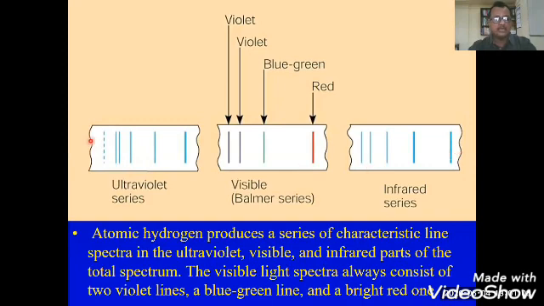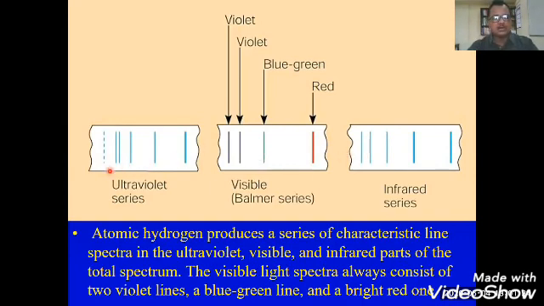Each line represents an electromagnetic radiation having a certain frequency or wavelength emitted from hydrogen gas, and such a spectrum is called a line spectrum. Here you can clearly see certain lines, and each line represents a particular electromagnetic radiation having a particular wavelength or frequency emitted from hydrogen gas.